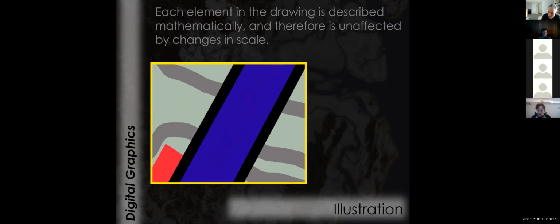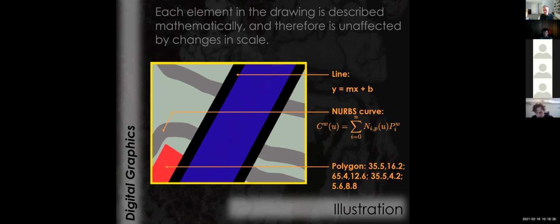That's because a vector graphic is mathematically defined, and therefore it's unaffected by changes in scale. Each of the objects that you see in a vector graphic is defined mathematically. So we have the formula for a line. There's a formula for a NURBS curve, which stands for non-uniform rational B-spline. I hope you guys will all memorize that formula. It will be on your test.